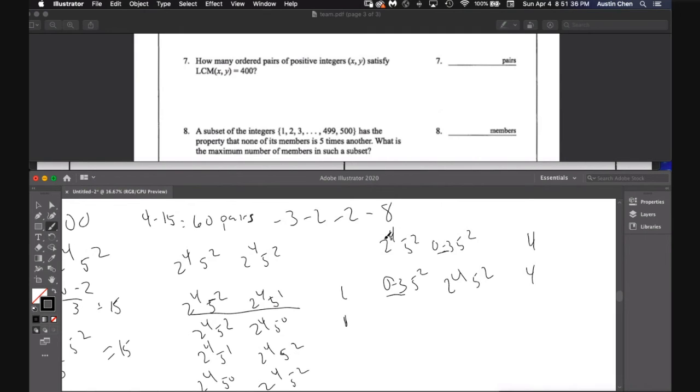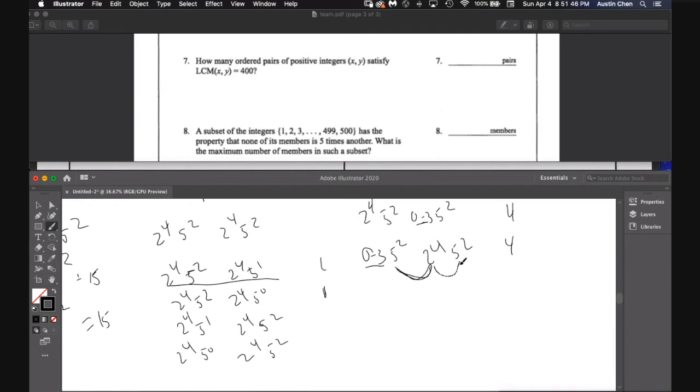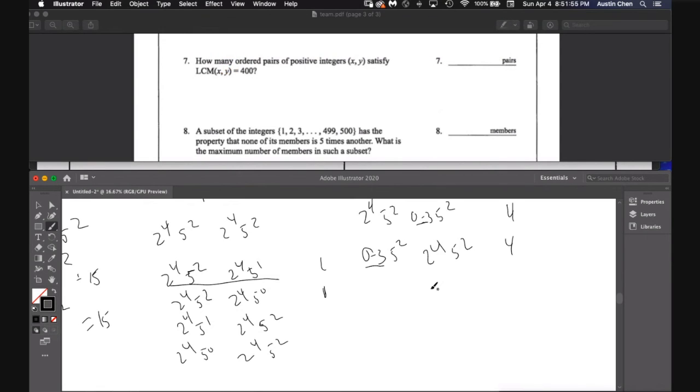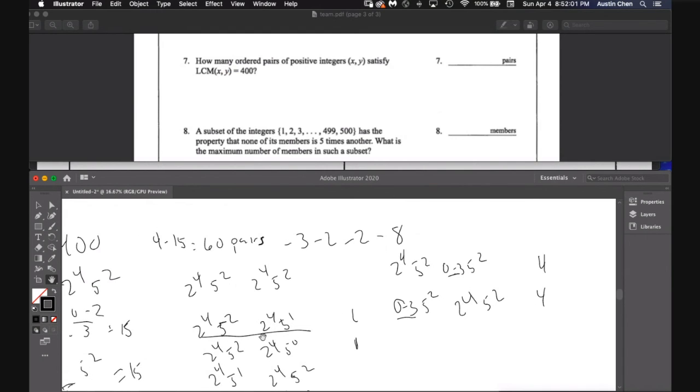Now, there aren't any more overcounts, because the overcounts resulted from the possibility that, in these cases, we could have the 2 to the 4 and the 5 squared being put in different cases. So both the numbers had to have either both 5 squared or both 2 to the 4, but we've already looked at all of that.